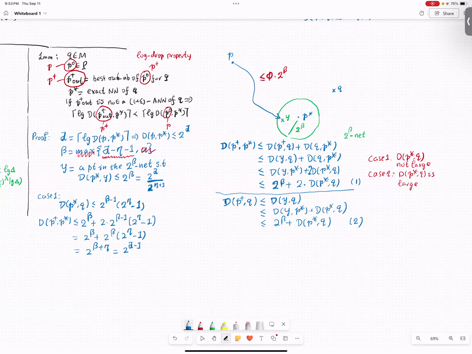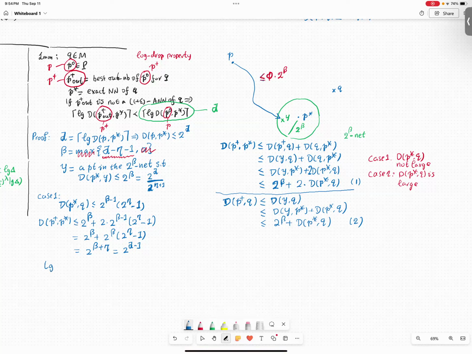Now you can see that indeed we have this inequality. This part is alpha. Let me indicate this here. So this is indeed alpha.